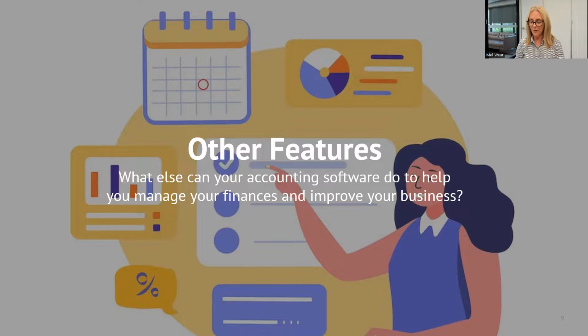If you're still doing your forecast in a spreadsheet, well done for still doing a forecast, but it's definitely worth having a look at these other add-ons that are available to you. Another great area to look at is payment apps, and these make it easy to accept payments from debit cards, credit cards, Apple Pay, Google Pay, and so on.